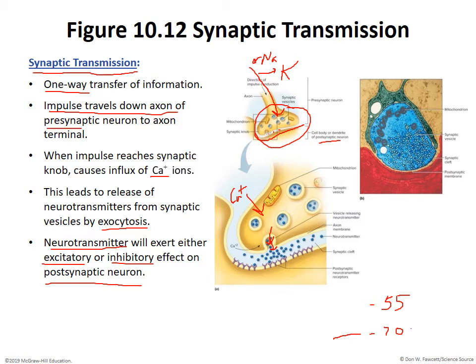So we have to get from negative 70 to negative 55. Some of these neurotransmitters are excitatory, which means they push us closer to negative 55, while the ones that are inhibitory are going to be pushing us farther from negative 55.